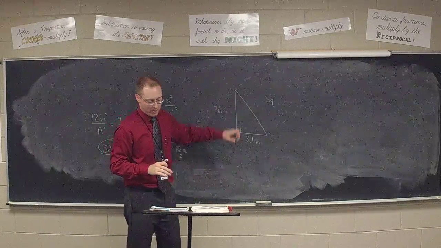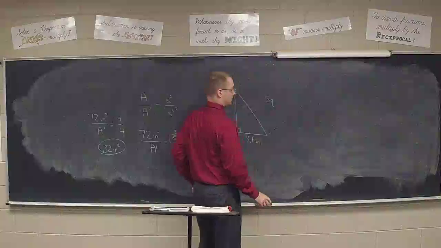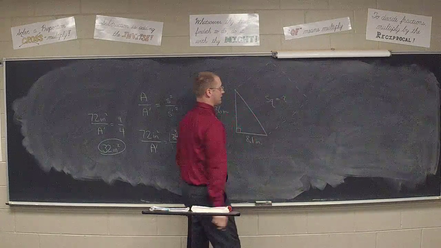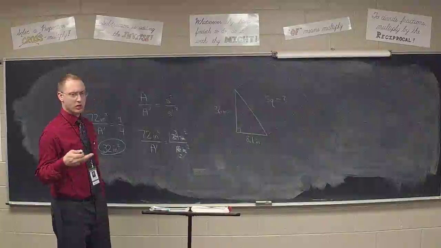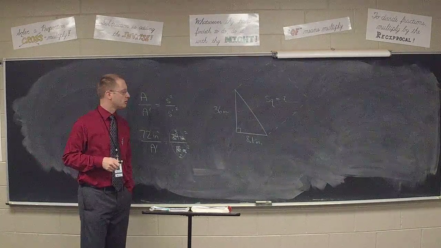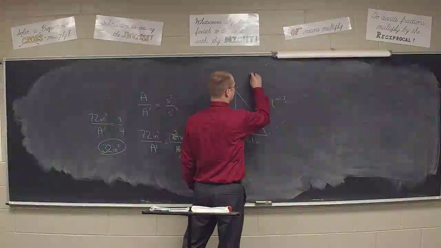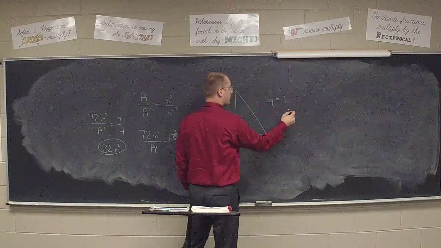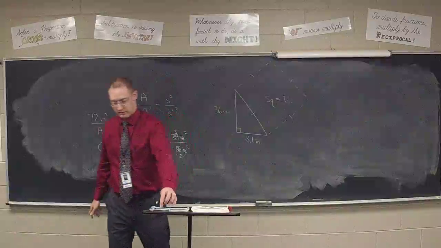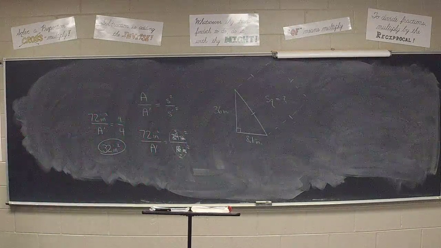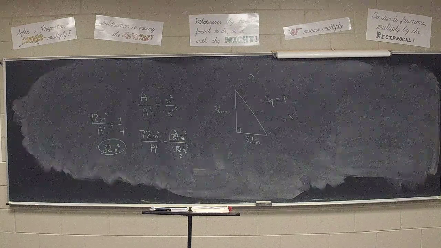And the question is to find the area of the square. Hey, we did a problem like this the other day, I think. What would we need to do to solve this, Kendall? Find the hypotenuse. Yeah, and by finding the hypotenuse, I've found the length of one side, and then I can use the formula for the area of the square. At your seats. And I'm going to get my calculator out now.